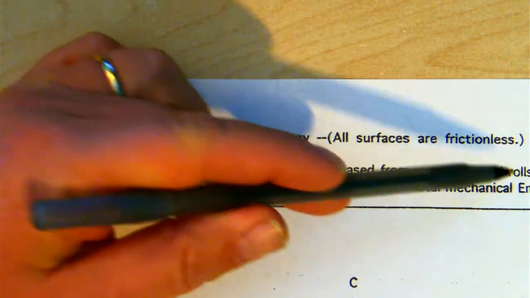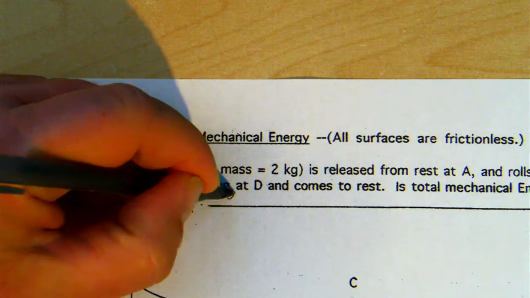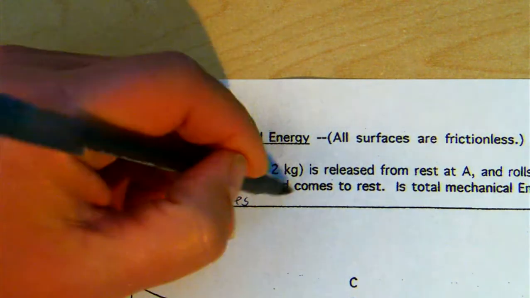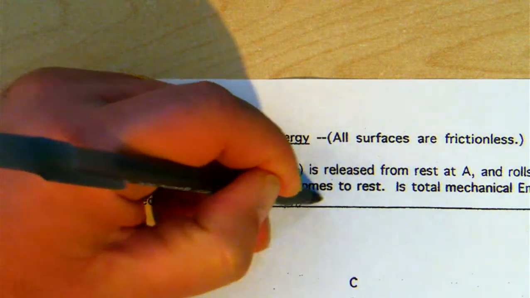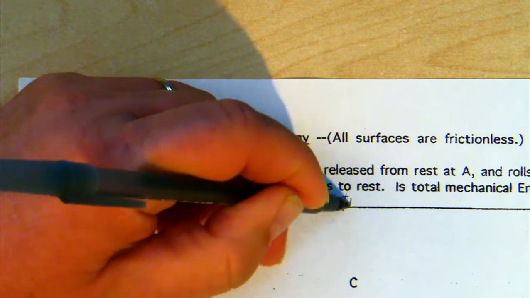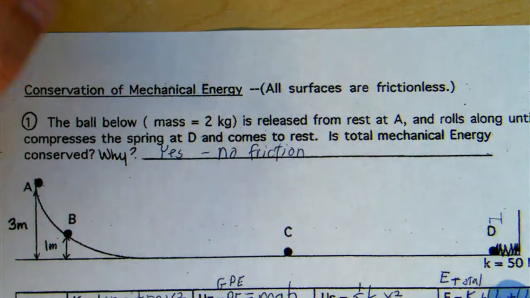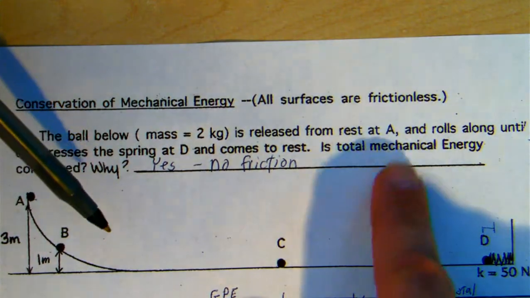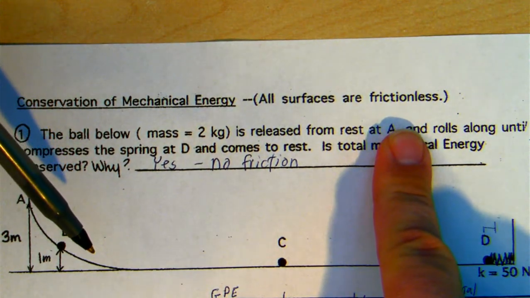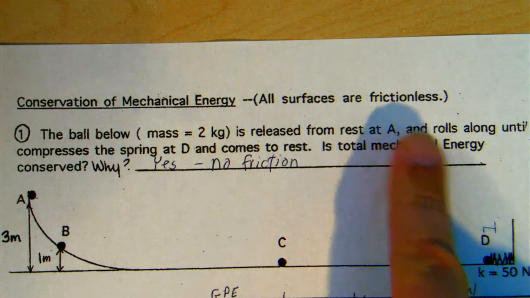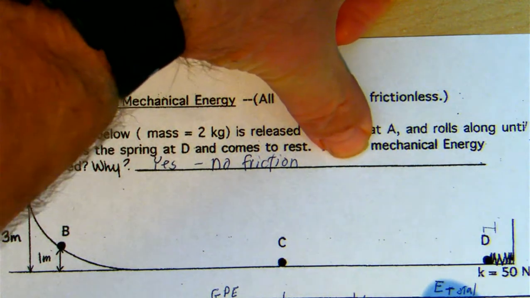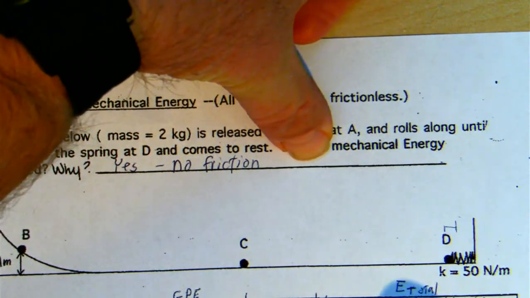Is total mechanical energy conserved? The answer is yes. Why? Because there is no friction. Briefly, if there were friction, then we would call this conservation of total energy. If there is no friction, we call it conservation of mechanical energy.